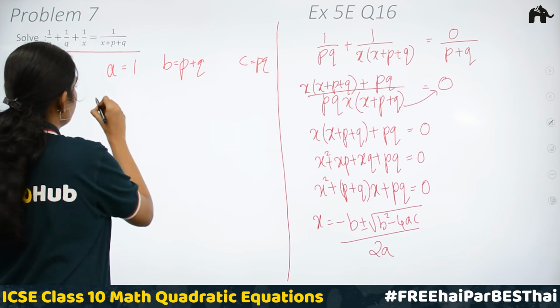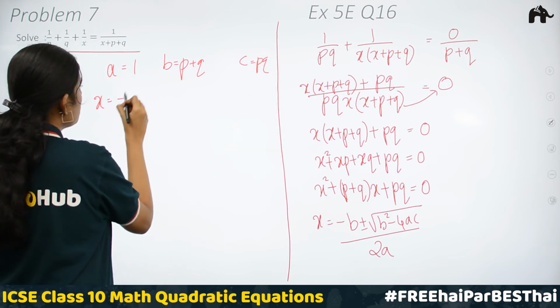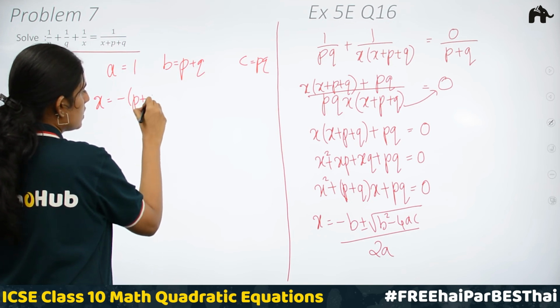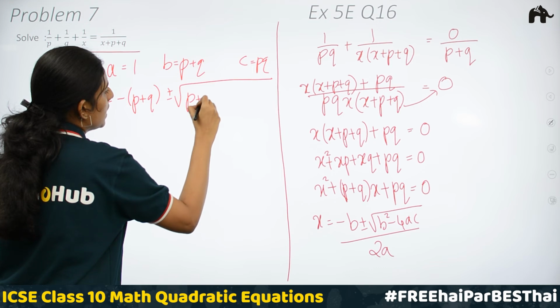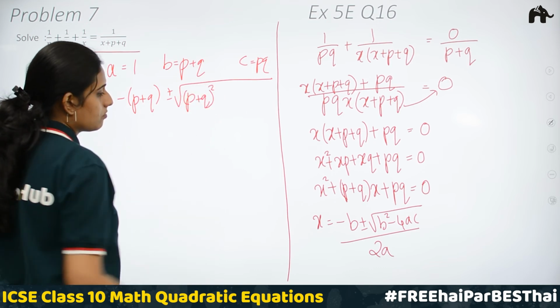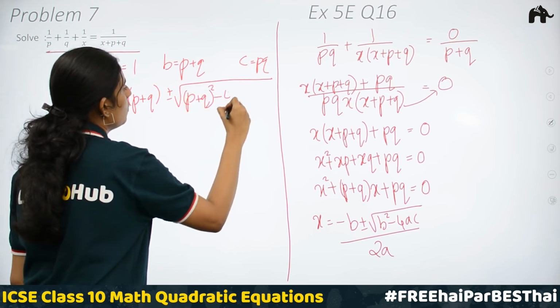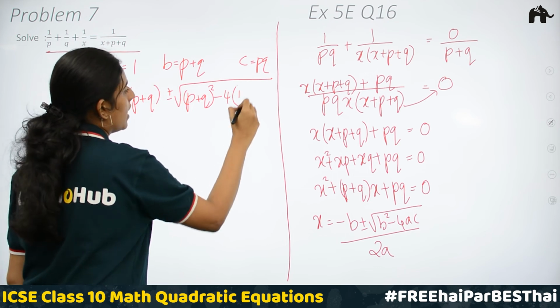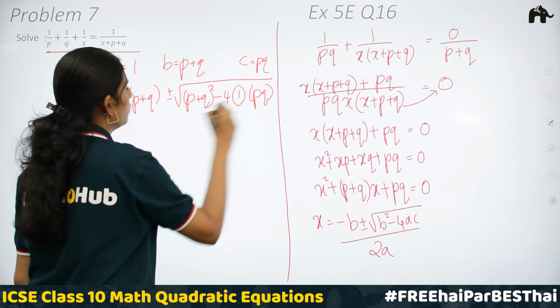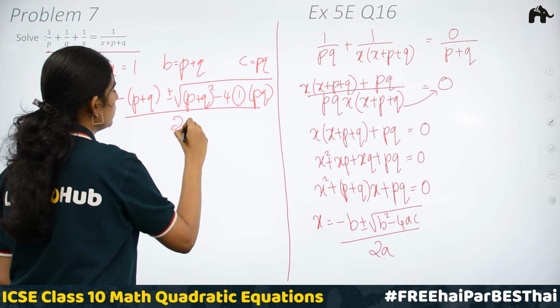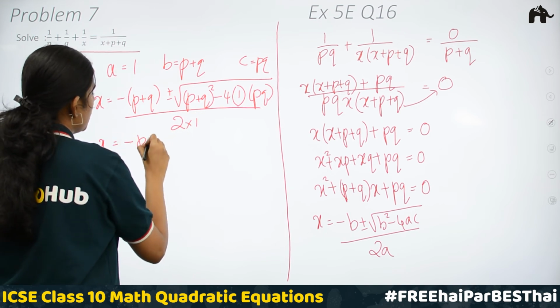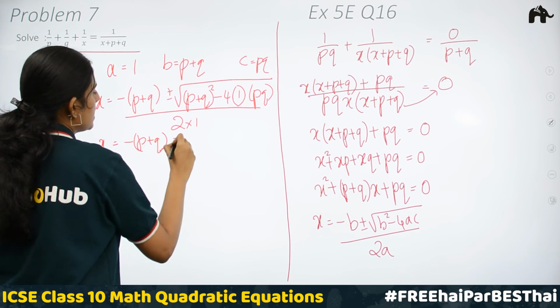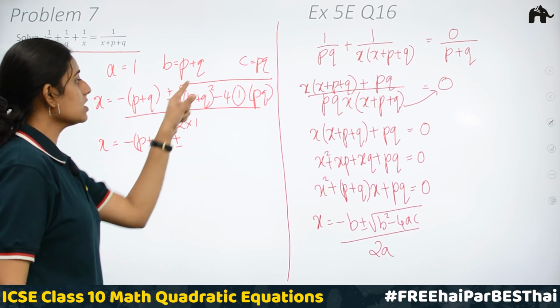On substituting, we get X is equal to minus of P plus Q plus or minus root of P plus Q whole square minus 4 into A is equal to 1 and C is equal to PQ, divided by 2 into 1.